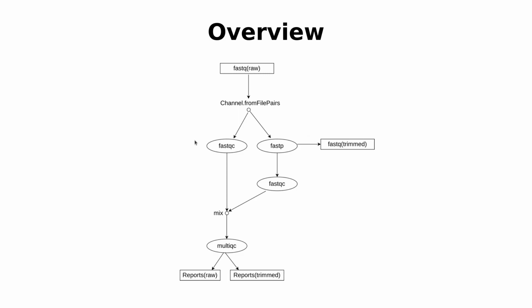What we also need to do is to run fastqc on the raw reads. We need to run fastqc on the trimmed reads. And then after running fastqc on the trimmed reads, we need to now do MultiQC.